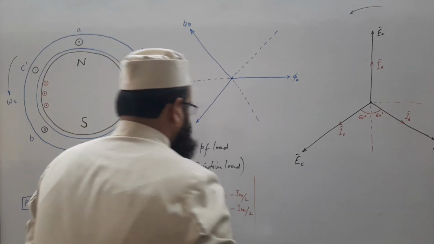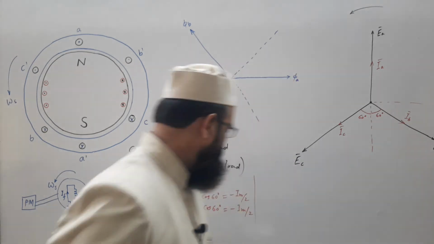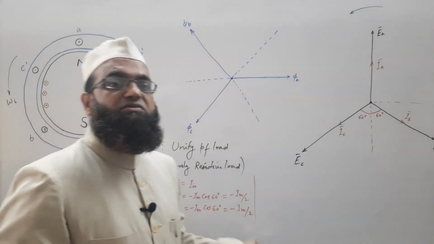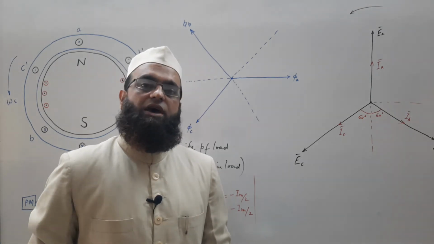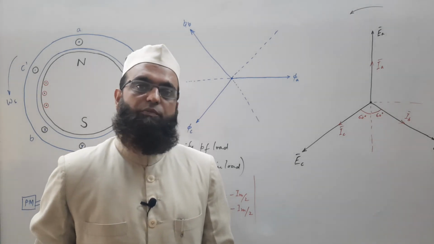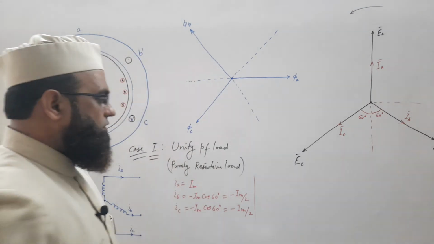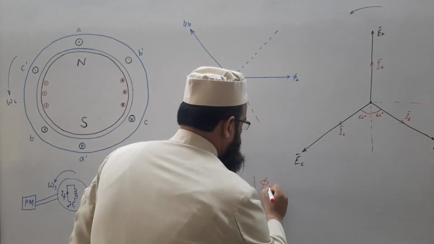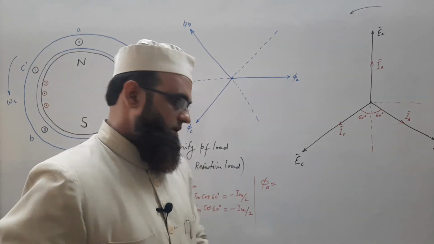What about fluxes? Once IA is having maximum value Im in phase A, flux will have maximum value phi m. Once current is 0, flux is 0. When current is half, 50%, flux will be half, 50% of the maximum value. So once current is maximum, directly we may write phi A, the armature flux of phase A, maximum.